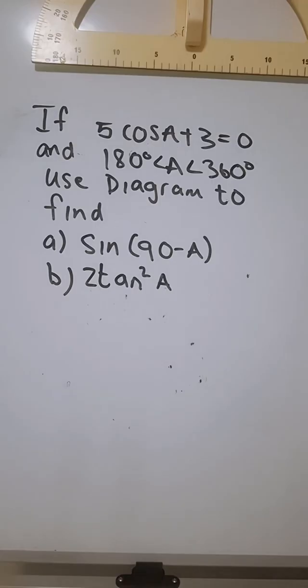Which topic is this? Trigonometry. So the question is saying if 5 cos A plus 3 is equal to 0 and A is between, or in other words, A is greater than 180 but less than 360, use a diagram, don't use a calculator, to find sine (90 minus A) and 2 tan squared A.